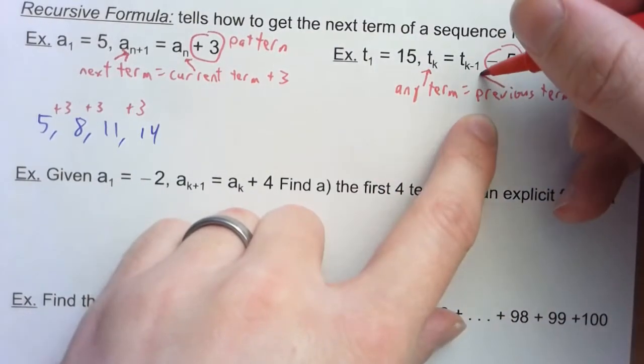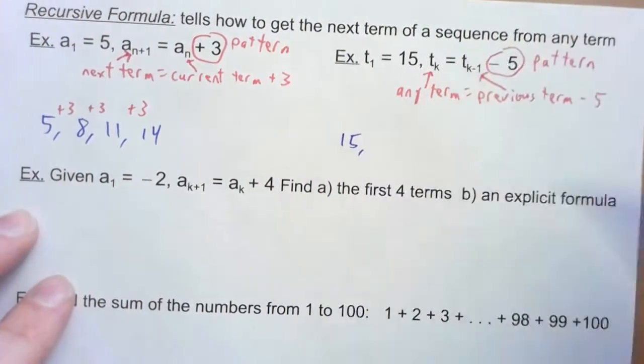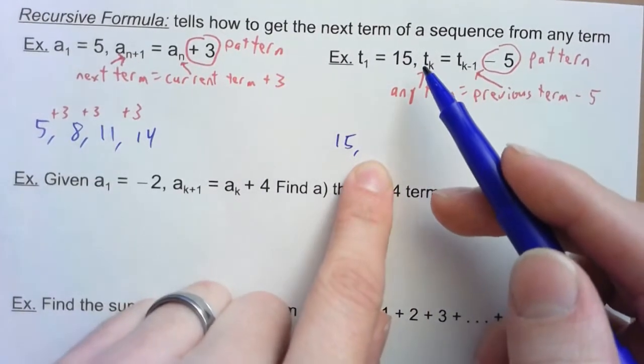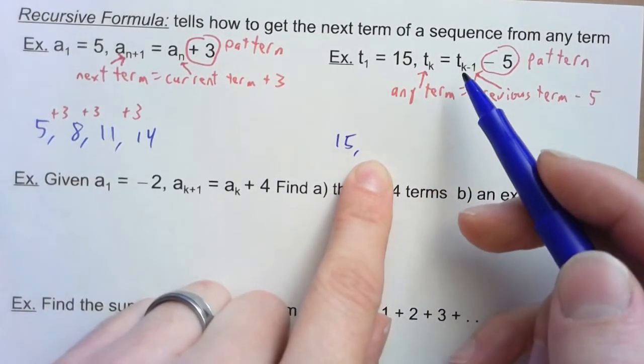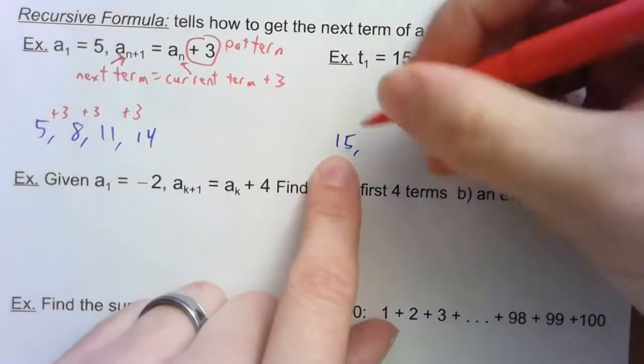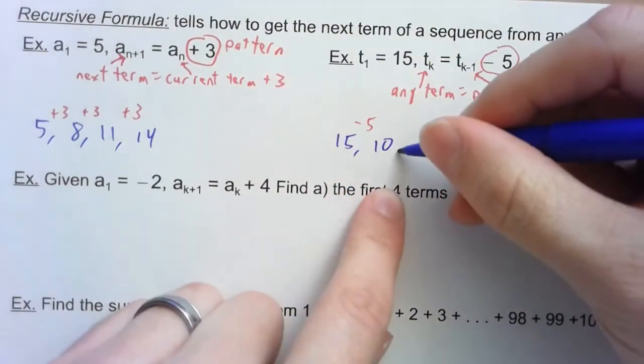Well, that's the previous term. So this one starts out as 15, and then you want a sub 2. Well, to find a sub 2, you take a sub 1 and you subtract 5, and we get 10.